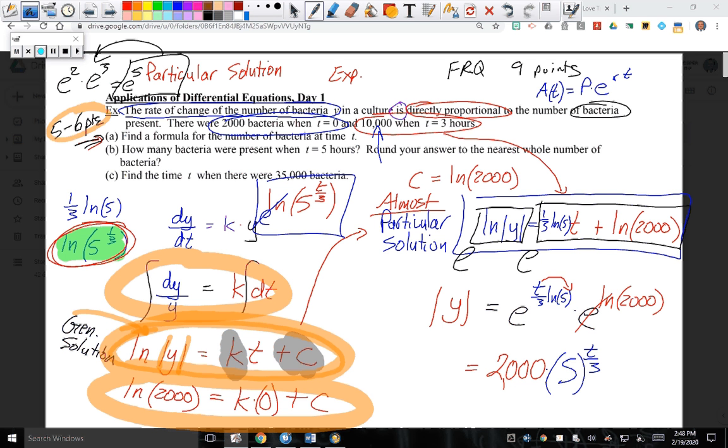Alright, so here we go. Now I'm going to take off these absolute value symbols, if you will, but I have to make a choice. Does that make that a positive or a negative 2,000? Okay? If you've forgotten why there's a positive and a negative, please remember quadratics: what's the answer to x squared equals 81?